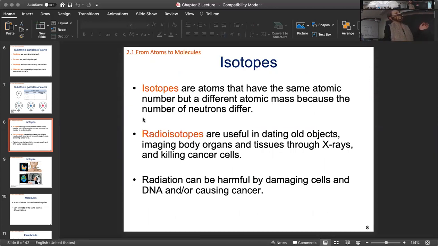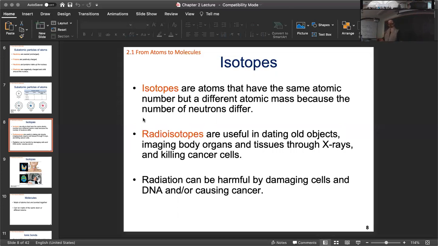Also, I told you that there were some things that are charged, some things that are not neutral particles. And these could be examples of isotopes and radioisotopes. And before I get into those definitions, it's important for radiation and imaging in the medical field.